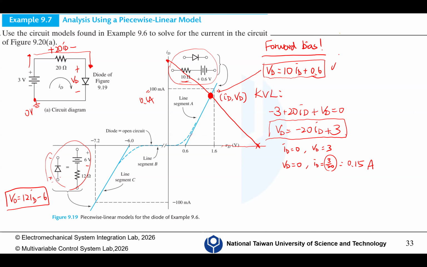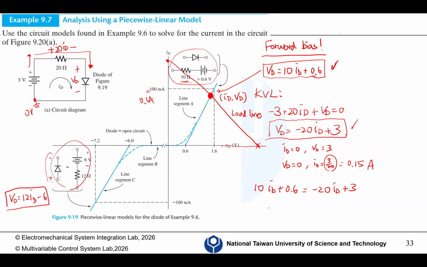So we have the equation of this forward bias line, and then we have this load line, which we previously called the load line. So we solve these two: 10 ID plus 0.6 equals -20 ID plus 3.